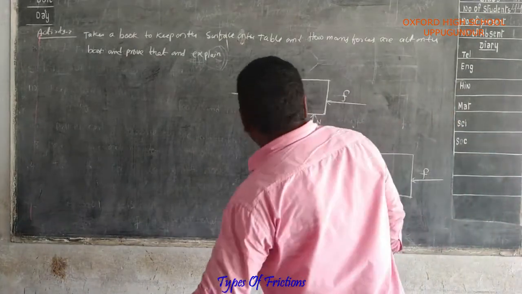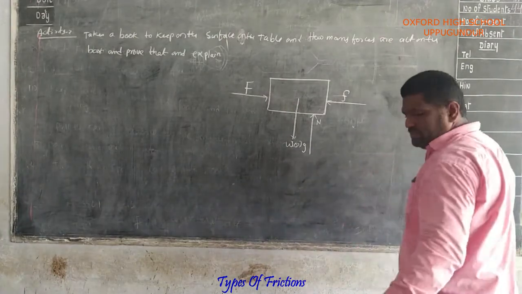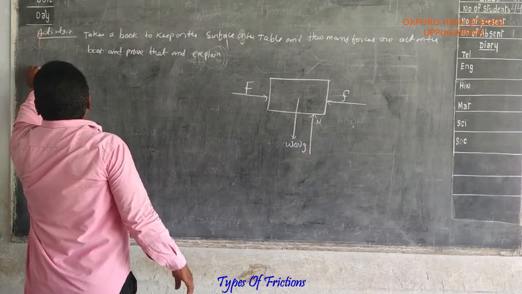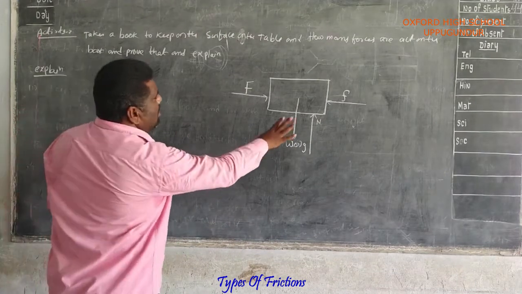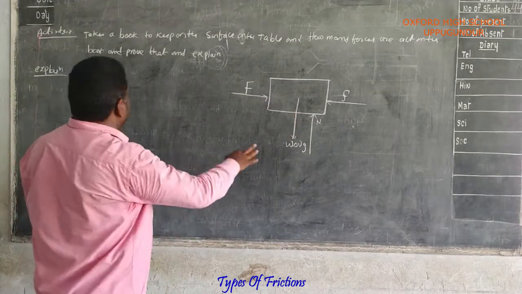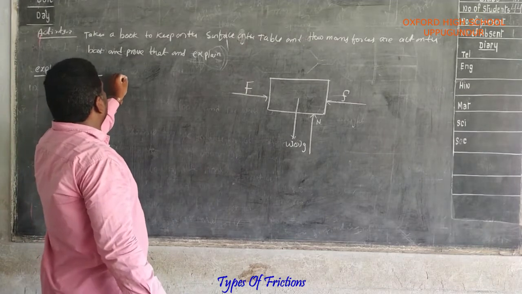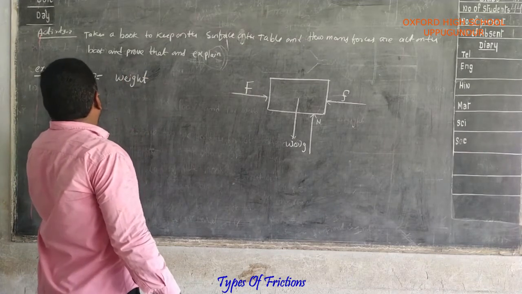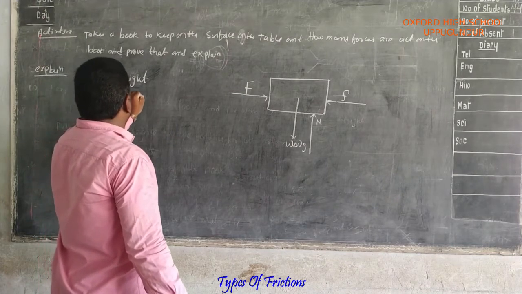These are the diagrams, and how many forces are acting on it. First of all, explain. So in this picture, how many parts are there? First, W is equal to, W means what? Weight. W is equal to weight. G is equal to gravitational force.